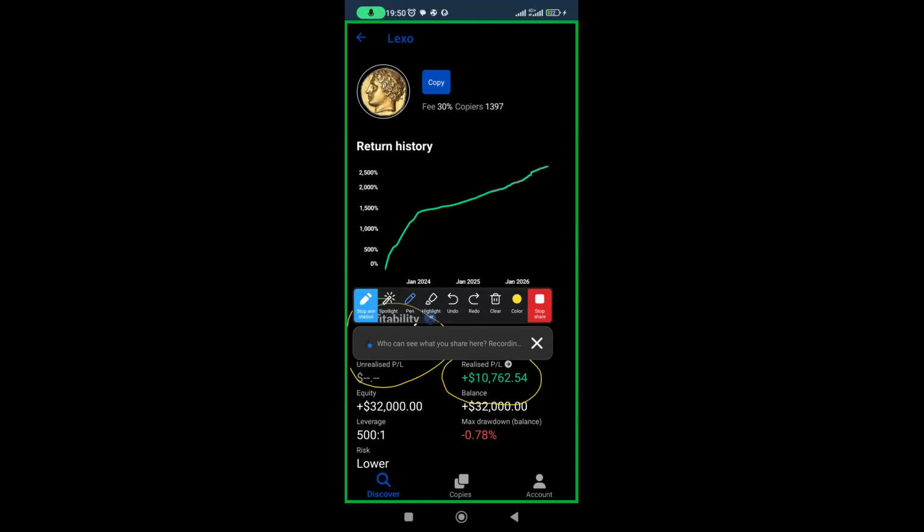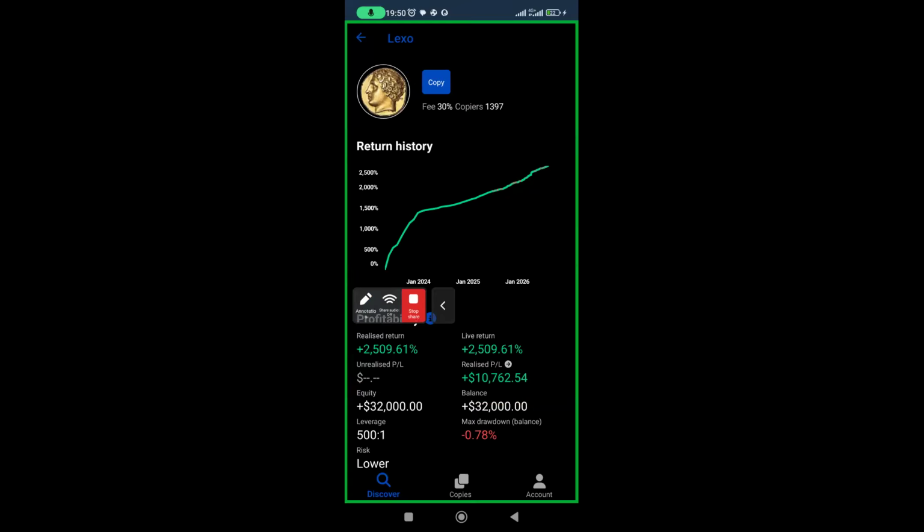So we're going to be copying this particular Lexo guy, and I'll be showing you how you can copy him. The first thing for you to do is to click on copy at the top, this place I'm circling over. Mind you, this guy has 1,397 persons that are copying him, and there are different traders that have over 1,000.